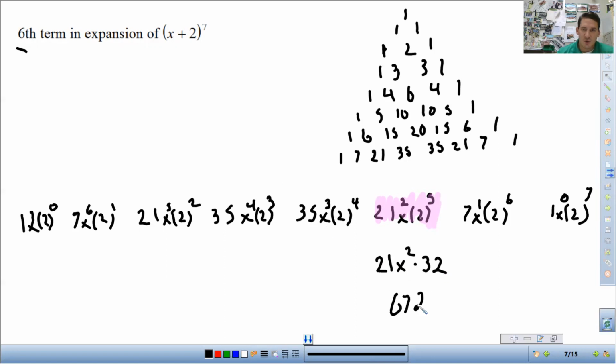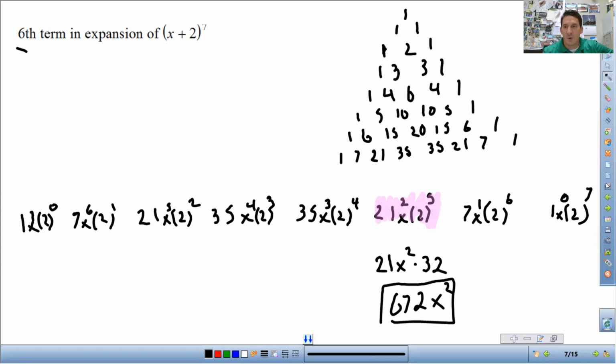So 672 x squared. Done. The other thing I might ask for is the coefficient. If it's asking for the coefficient, all it's asking for is the number in front of the variable, and that's it. That's the only difference.